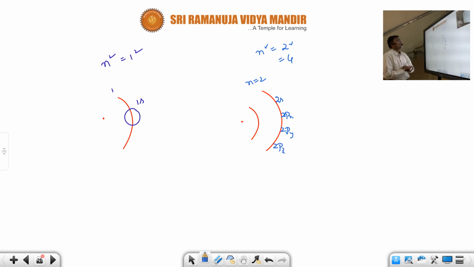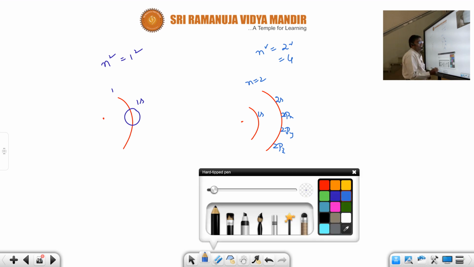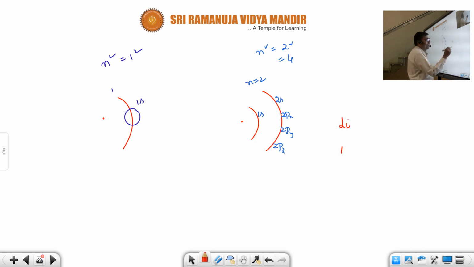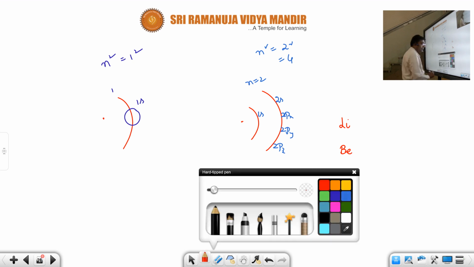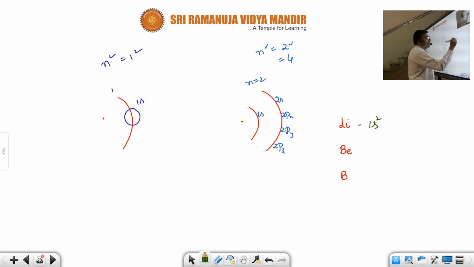Now let us write the electronic configuration. The 1s is already present, so let us write it for the remaining elements. Lithium, beryllium, boron, we'll write these 3. First, lithium is 1s2 because helium is completed. Next 2s1.